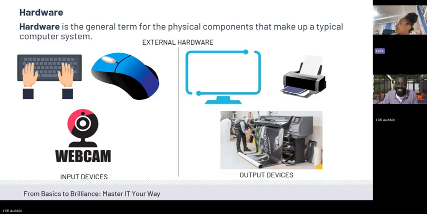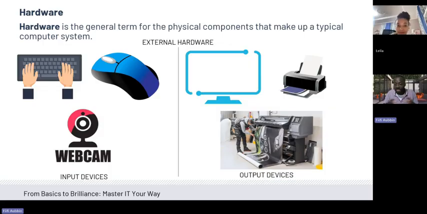What else is there? I don't know if it's SSD or SD. Yes, SSD. There's another one I'm forgetting. Okay, it's fine. At least you've done well. You've not forgotten most of the stuff that we did in IC3.